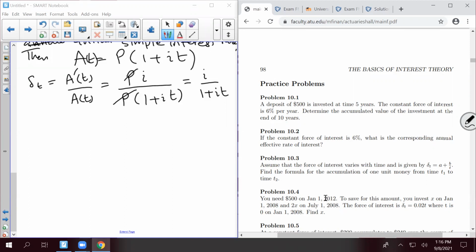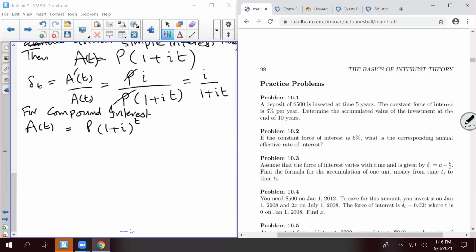Let's first develop a handy formula. So we know that in case of compound interest, a of t is equal to principal times 1 plus i to the power t. And we want an expression which involves the force of interest instead.